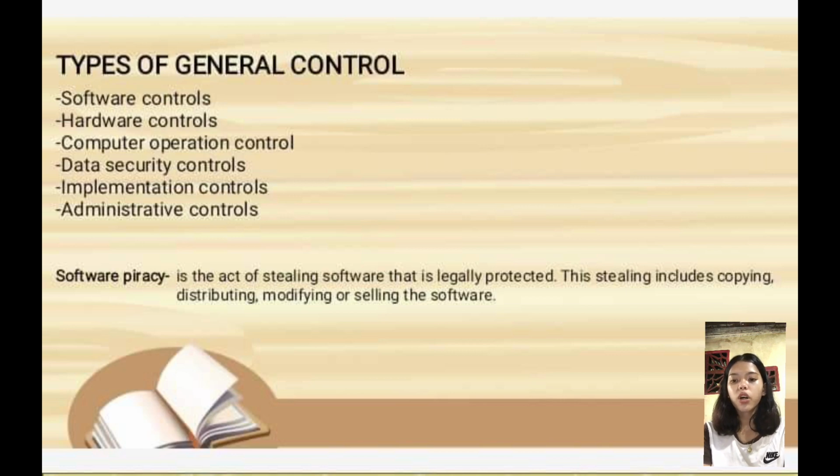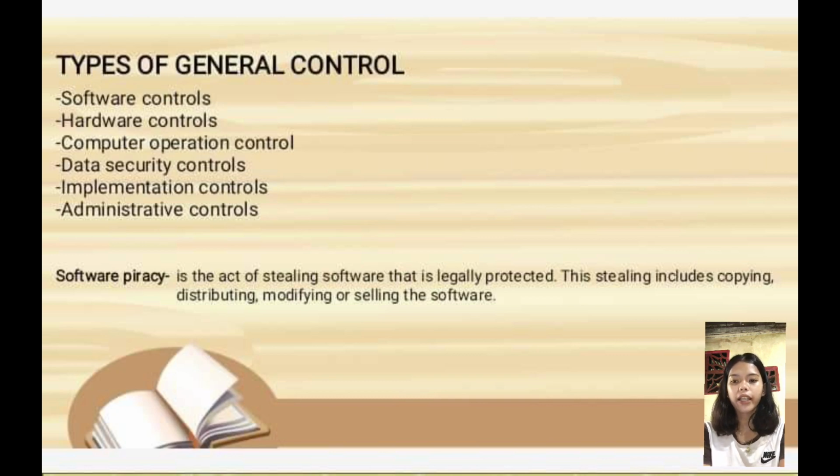Software controls monitor the use of system software and prevent unauthorized access of software programs, system software, and computer programs. System software is an important control area because it performs overall control functions for the programs that directly process data and data files.